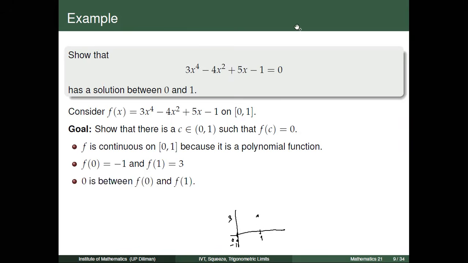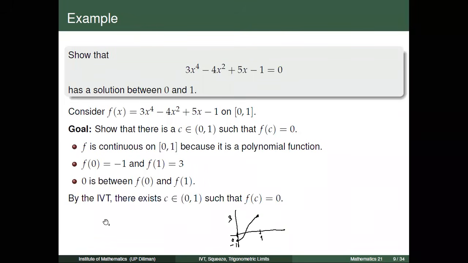So again, because the function is continuous, we are sure that its graph must intersect y equals 0 somewhere between 0 and 1. And we write: by the intermediate value theorem, there is indeed some c between 0 and 1 such that f of c equals 0.